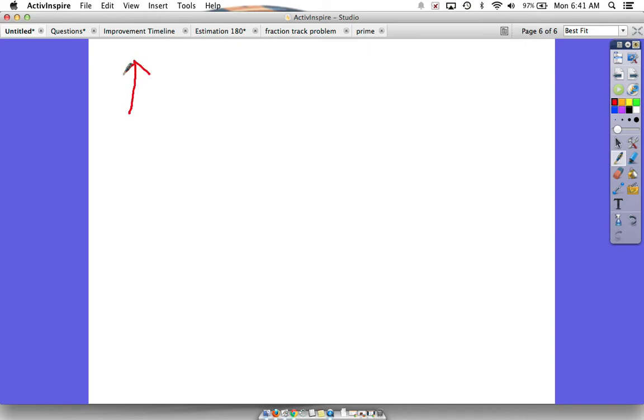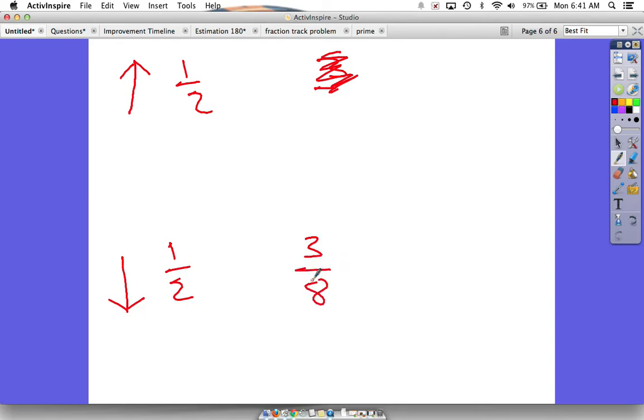Our next one we'll talk about is something that is more than half and something that is less than half. Let's say it's out of 8. 3/8 is something that would be less than half, where 6/8 would be something that is more than half.